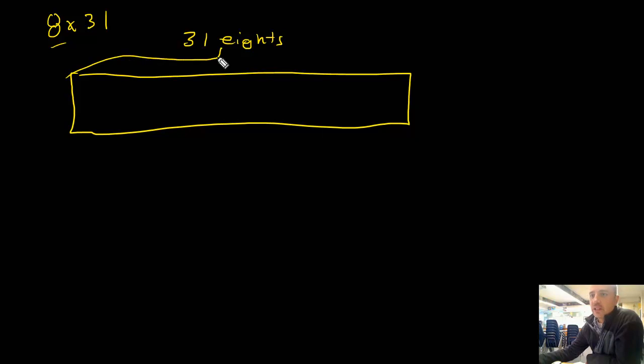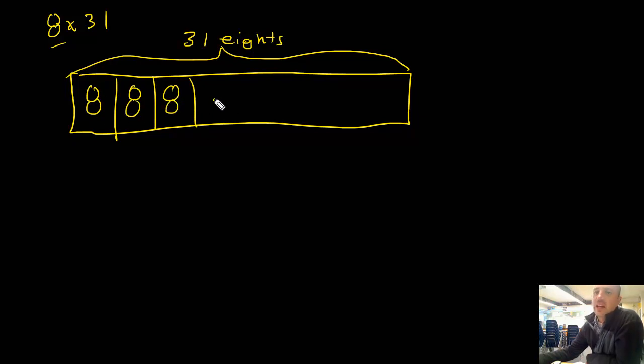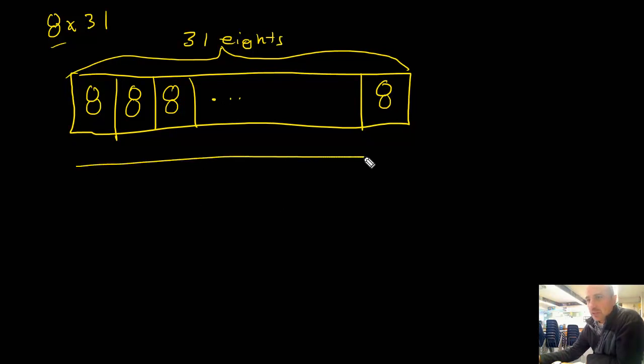Rather than sit here and draw 31 different lines and fill that all in, I'm just going to do this so you get the idea. I also want to show you another diagram here.